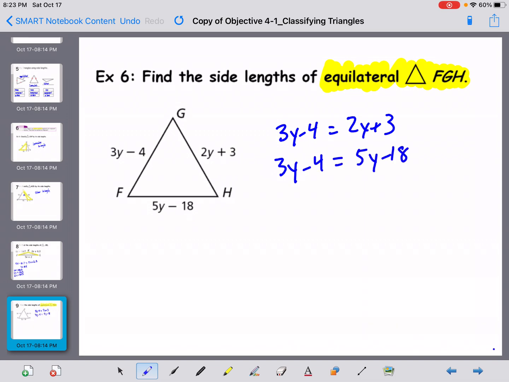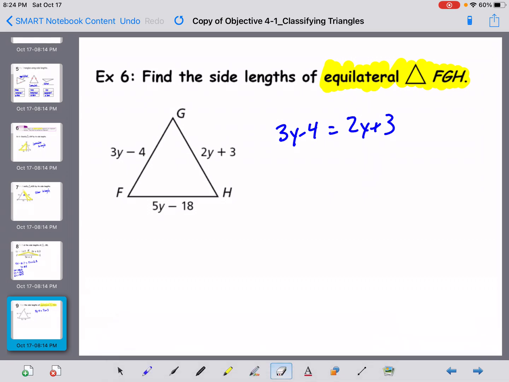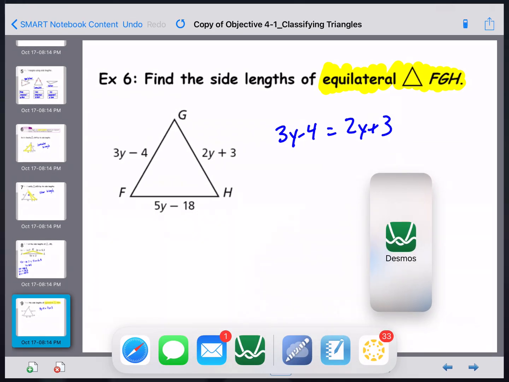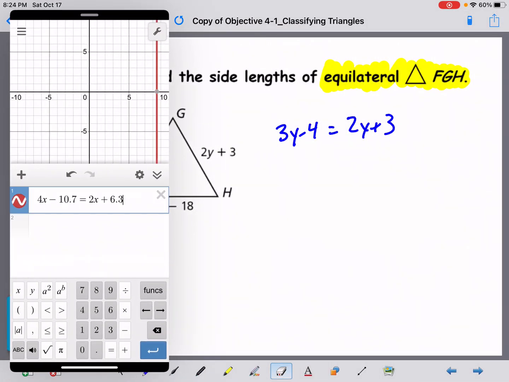That equation would work. And that equation would work. All 3 of these would work because all 3 sides are congruent to each other. Now, I'm just going to go back and use the first one that I wrote down simply because it was the first one I wrote down. No real special reason.